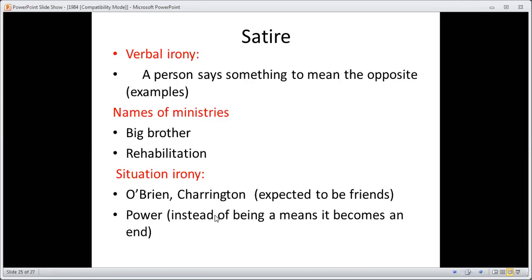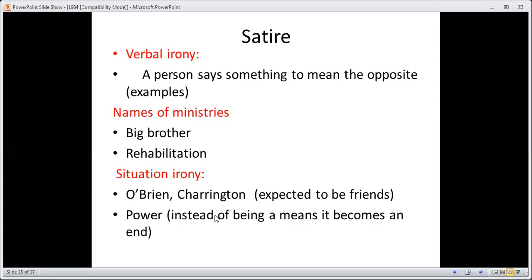Power itself is a situational irony. Why? Because power is supposed to be a means for an end. But power inside 1984 is no longer a means, it becomes an end. Why do they need power? For more power, as I told you.